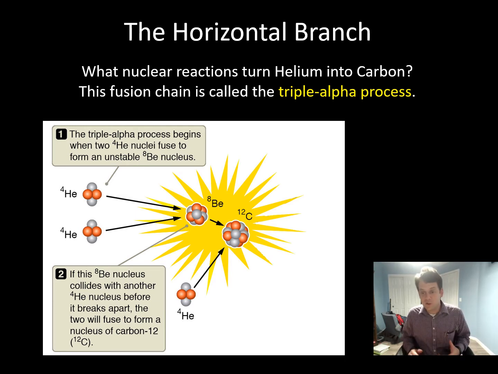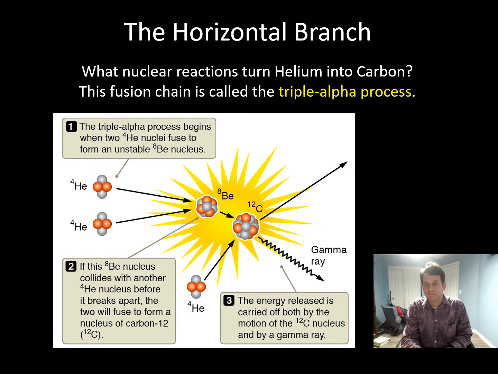So good news for you is that this process is only a couple of steps. If you were dreading a revisiting of the several steps of the proton-proton chain, it's simpler here. You combine first 2 alpha particles, then you add a 3rd alpha particle, and you get your carbon-12.